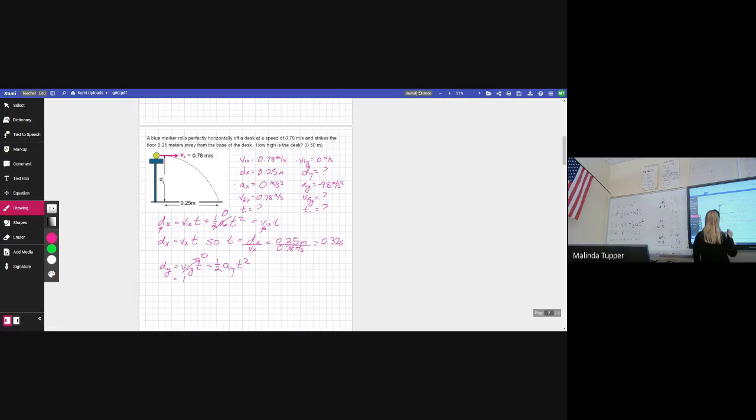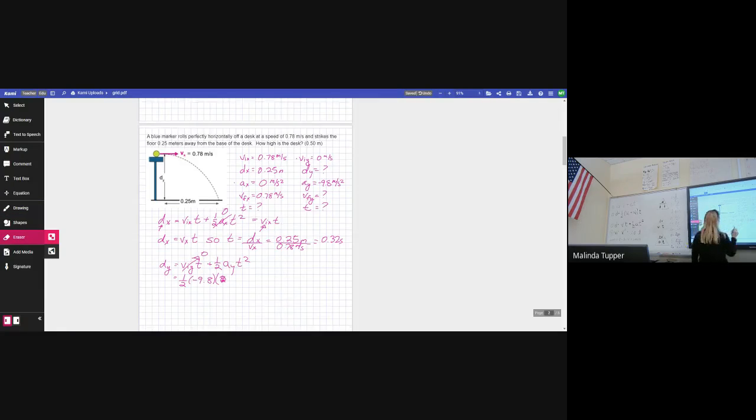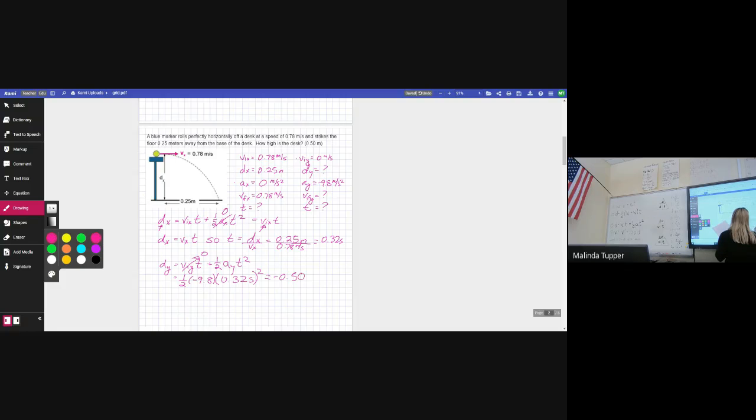So this is just going to be 1/2 times negative 9.8 times 0.32 seconds squared. If I plug those numbers into my calculator, I get dy is negative 0.5 meters. So that is the height of the desk. Okay.